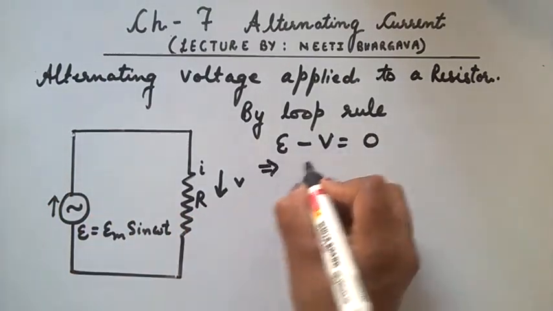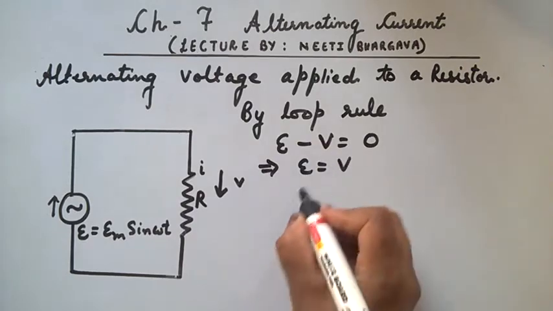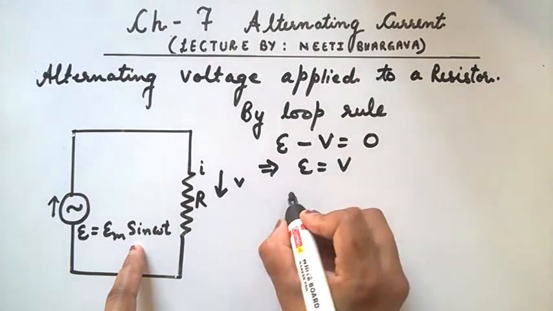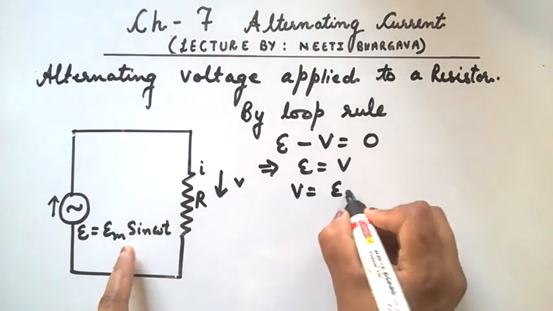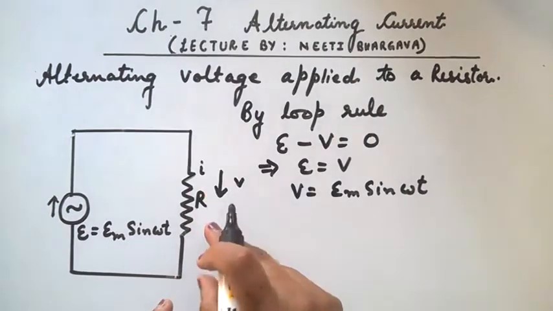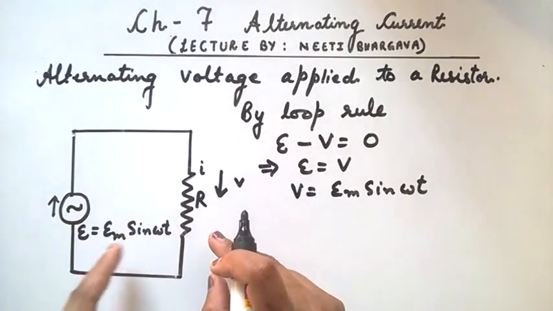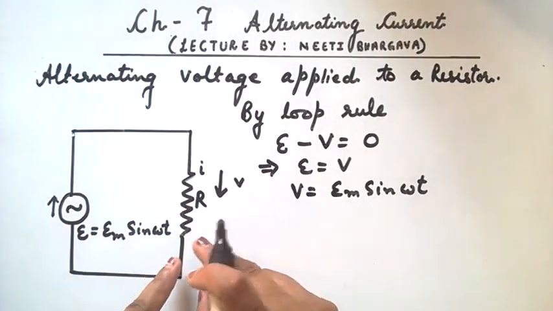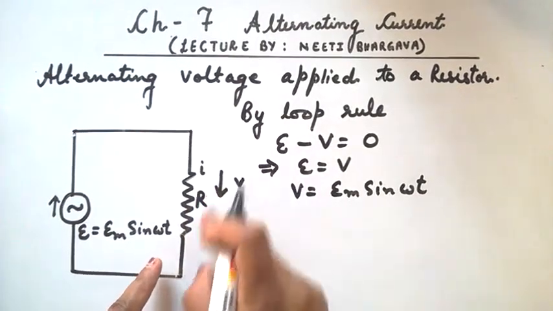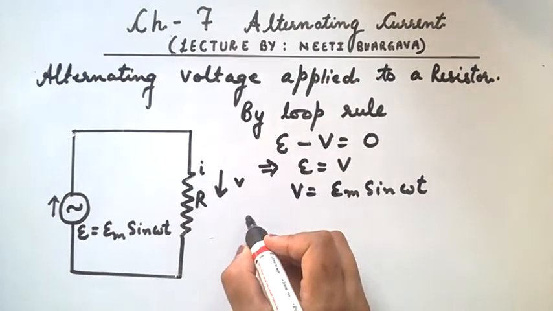This implies that E is equal to v, and we can substitute E equal to Em sine omega t. As only a resistor is connected, the applied EMF is equal to the alternating voltage across this resistor.